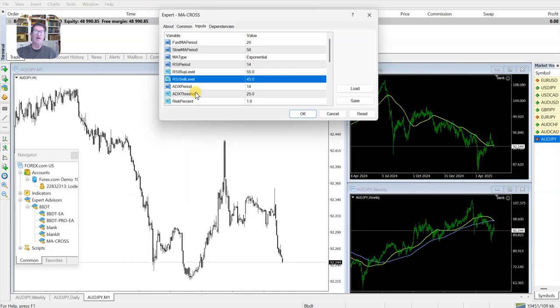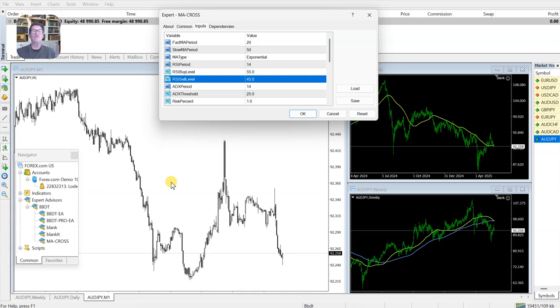The MA cross EA here is based on several conditions. Number one, it must be a 100% crossover of the MAs. It doesn't matter if the fast MA is above the slow MA or the other way around, and it doesn't matter where price is. It must be an actual crossover.